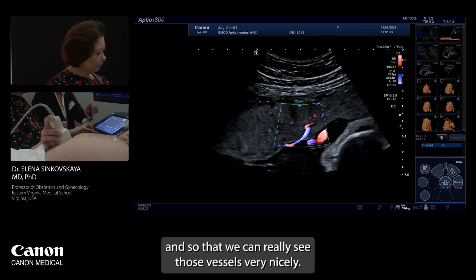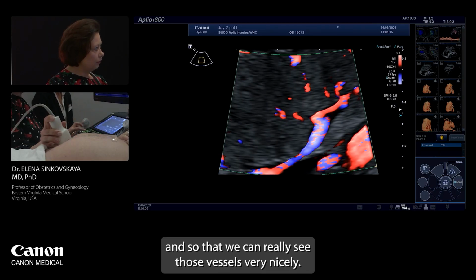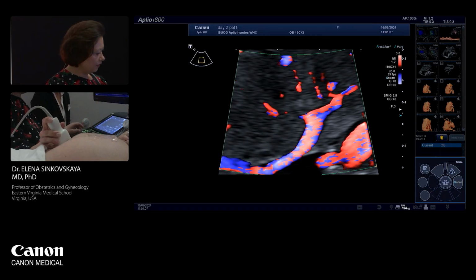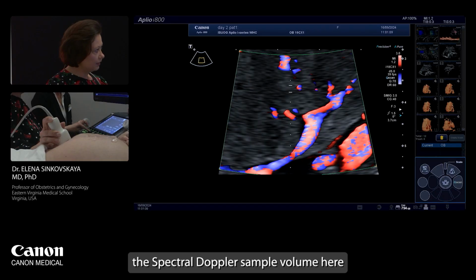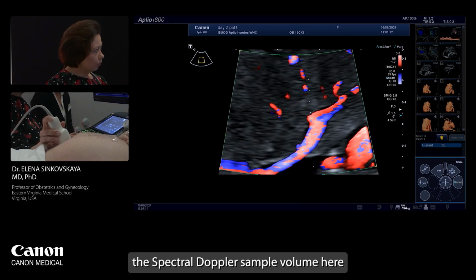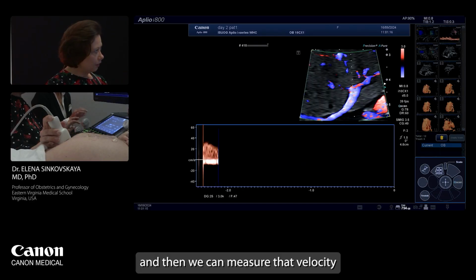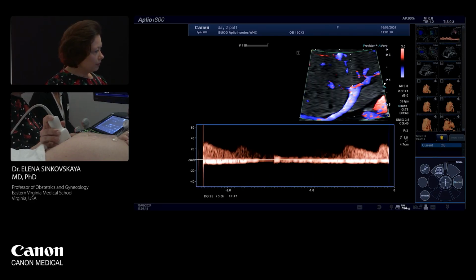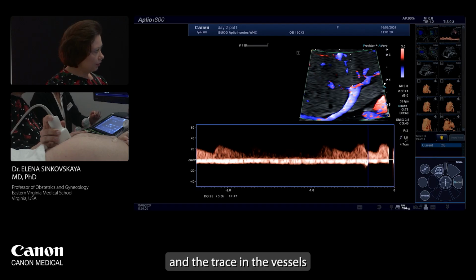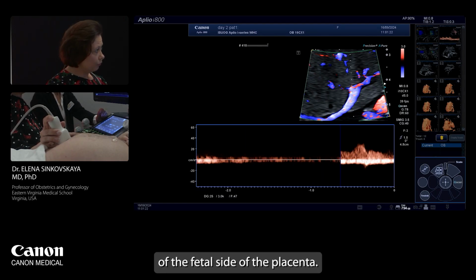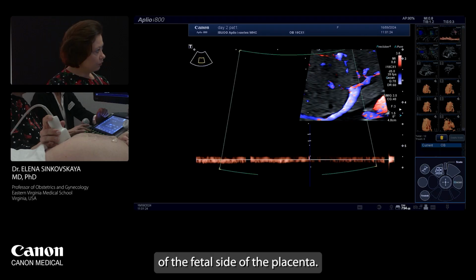And so that we can really see those vessels very nicely, and then we can place the spectral Doppler sample volume here, and then we can measure that velocity and the trace in the vessels of the fetal side of the placenta.